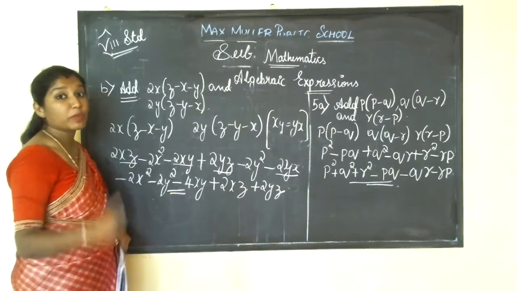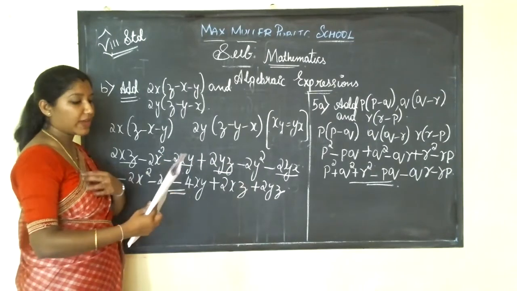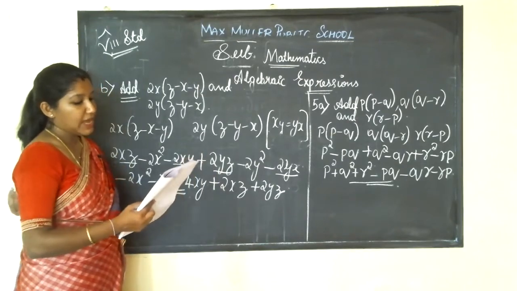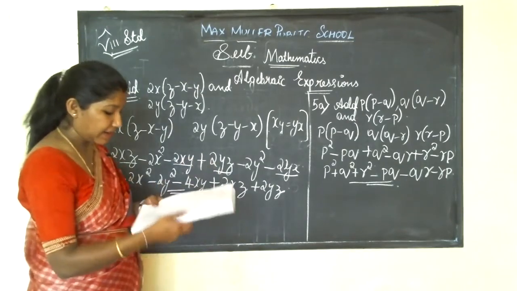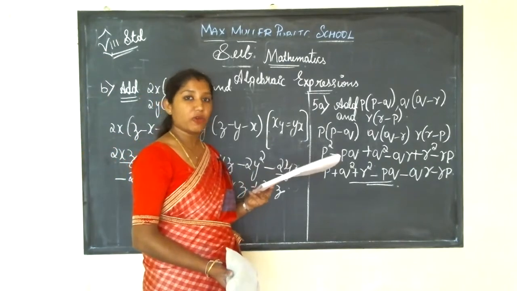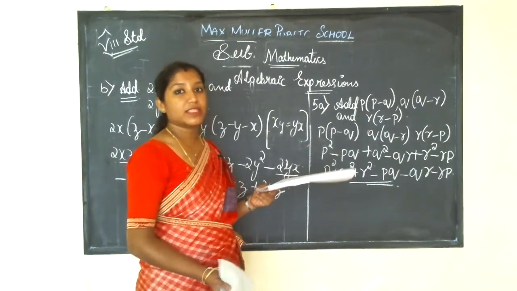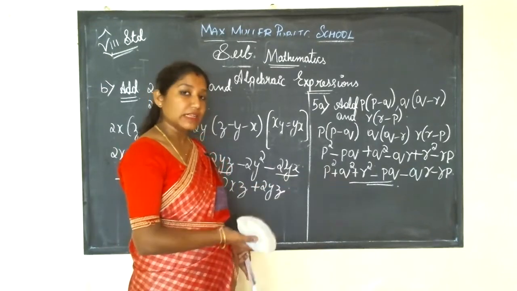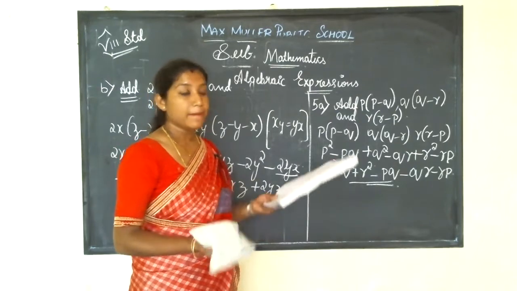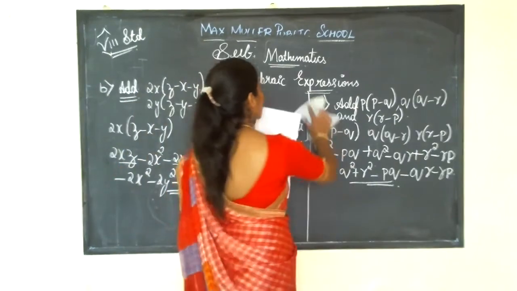Like this. You have to be careful with your variables, okay? And even the signs also. Understood, students? I hope you all are understanding it. Please, this is very important chapter and you all have to be thorough with this. In higher classes also, this kind of sums will be given. Okay? Next thing.